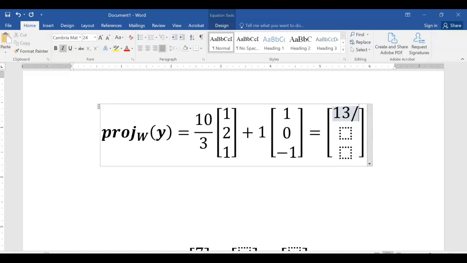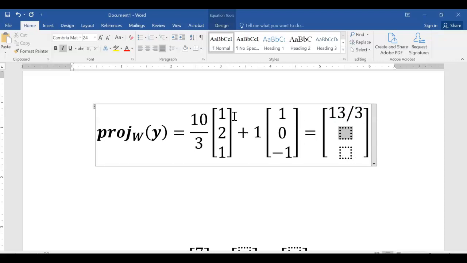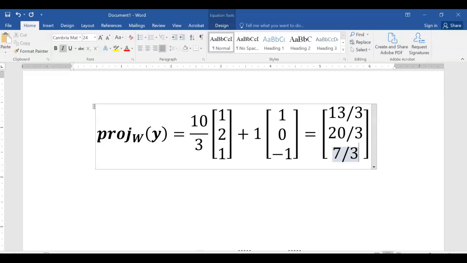Doesn't matter. I'm going to write that as 13 over 3. 10/3 times 2 plus 1 times 0 ends up as a 20 over 3. And then 10/3 times 1 plus 1 times negative 1 gives me a 2 1/3, or in other words, 7 over 3. So that's the projection of y onto W.